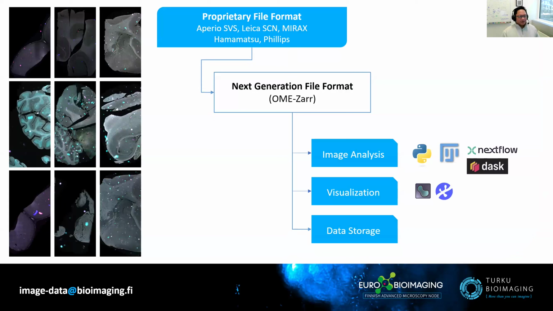So we have embraced using OME-Zarr, the next generation file format. We use this and we can visualize our data with it. We can proceed with our mostly Python-based image analysis on this kind of data, and it also fits into our data management plans of how we're going to store this data for the long term and curate it and publish it.